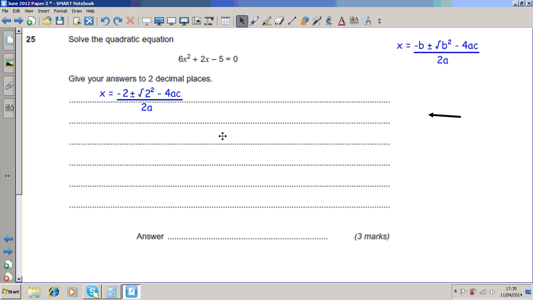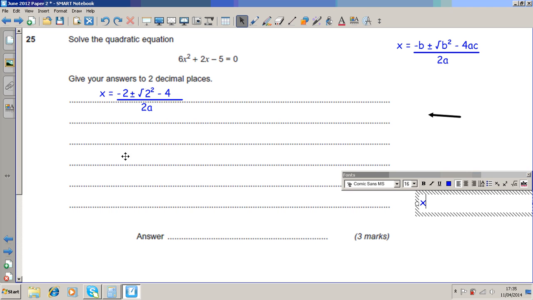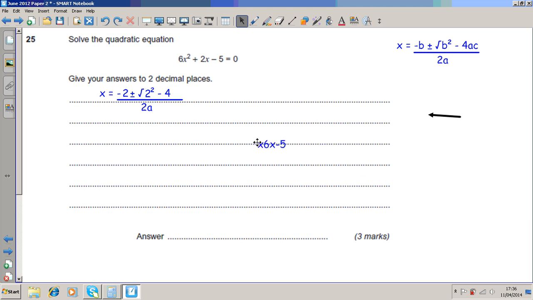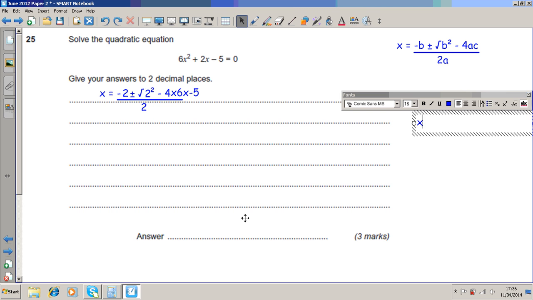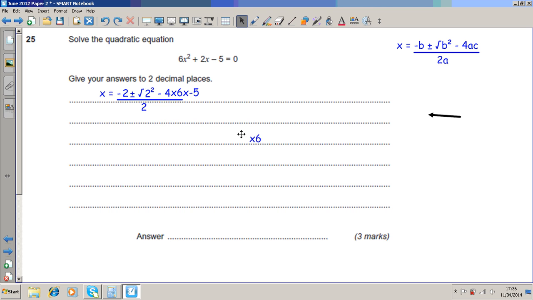Well, a is 6, times 6, and then c is minus 5. So 4ac becomes 4 times 6 times minus 5. And then finally 2a, 2 lots of 6. So I can plug all my numbers in and just swap them all over.